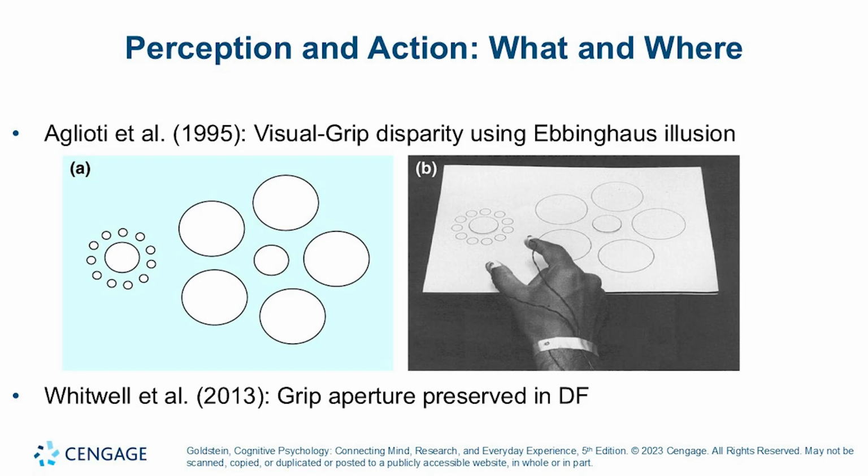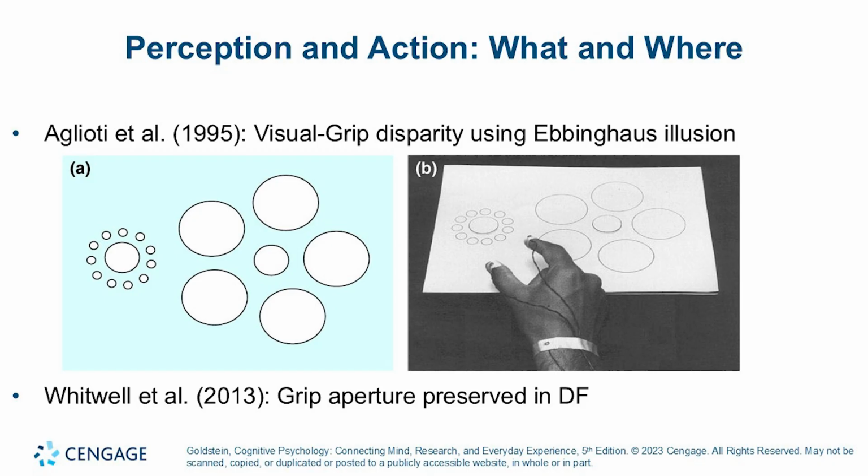Now, as you can imagine, this illusion is produced by us processing just what we see in front of us, and this uses the what pathway. However, the where pathway is completely unaffected by this illusion, and we can demonstrate this because if we asked people to simulate reaching for that central circle as if they were going to pick it up, and then we measure how they space out their thumb and their index finger, we'll see that they actually open the thumb and index finger to the same distance regardless of which objects they're reaching for.